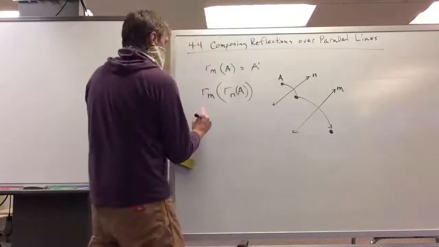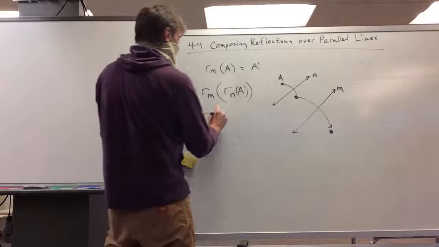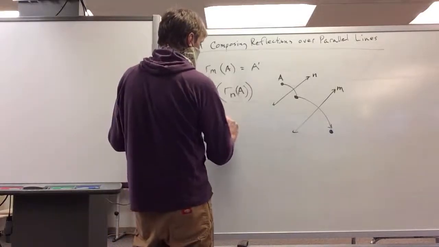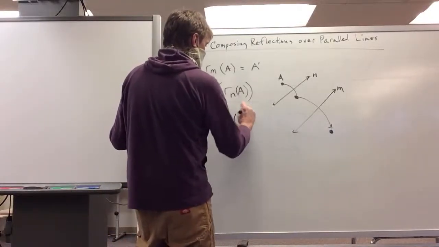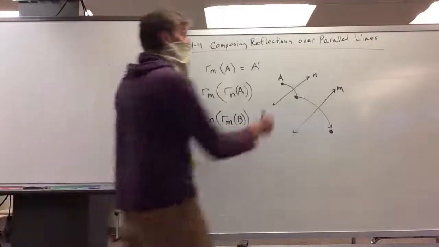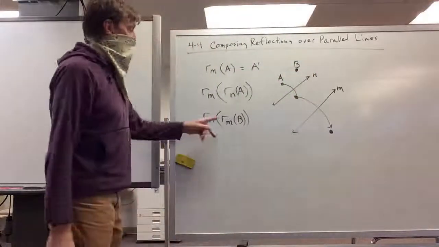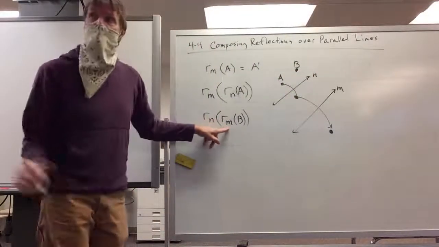Now, if we wrote the reflection over N of the reflection of B over M, then maybe I could do something like that. I could start with B, and we would have to do what's on the right first.